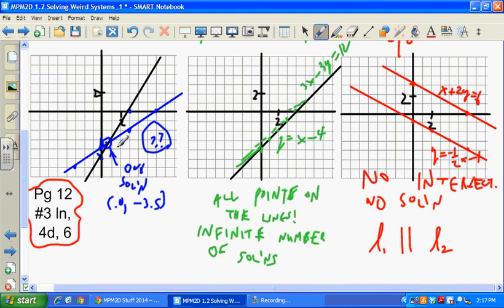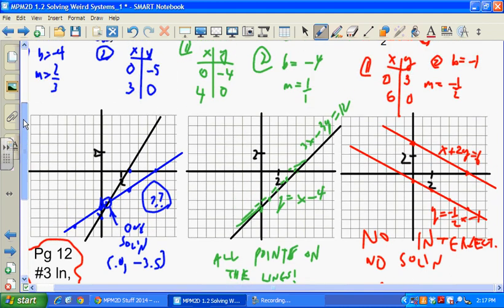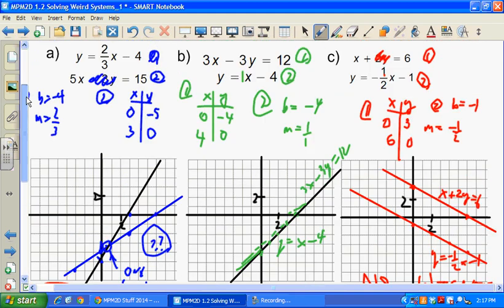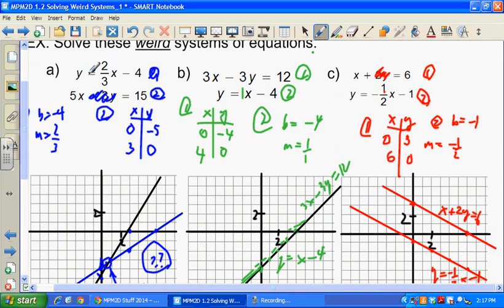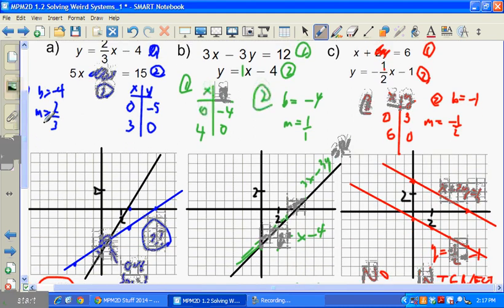So that's why there's no solution. Soon we'll be talking about getting a feeling for when these things will happen before we have to plot them. But for today, this is what we're doing. Sometimes we have one crossing point, sometimes they're right on top of each other and we have the same line, and sometimes they're parallel lines like this.